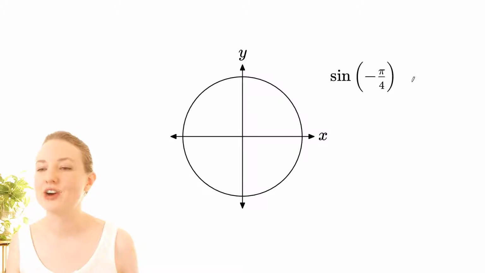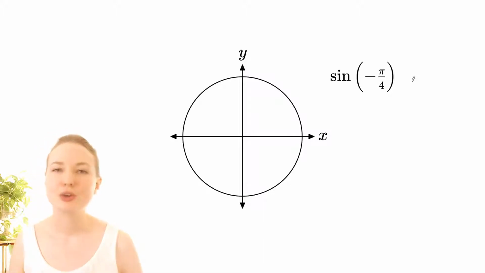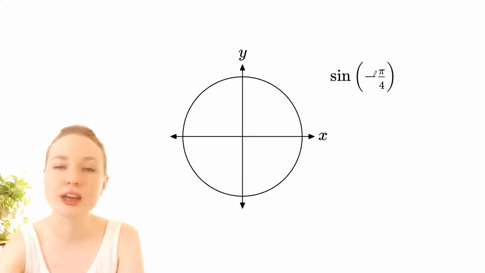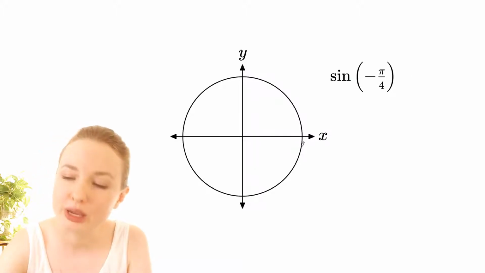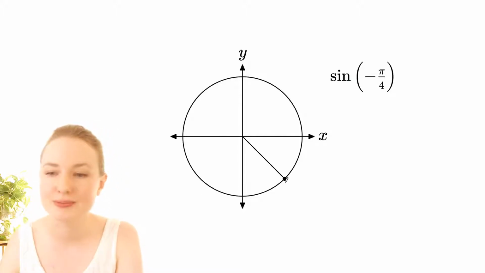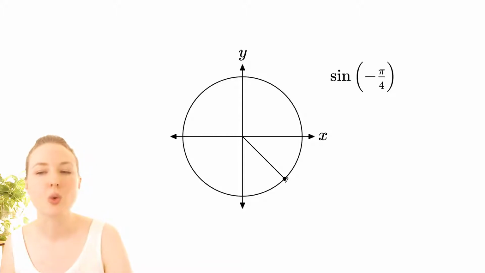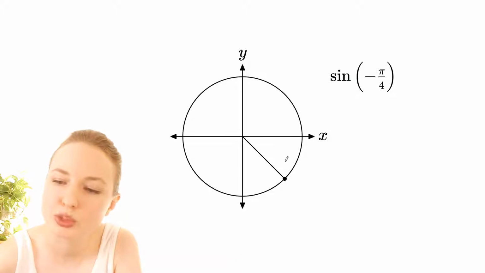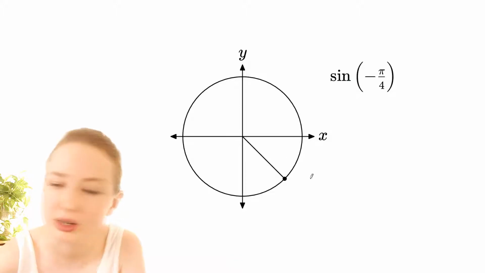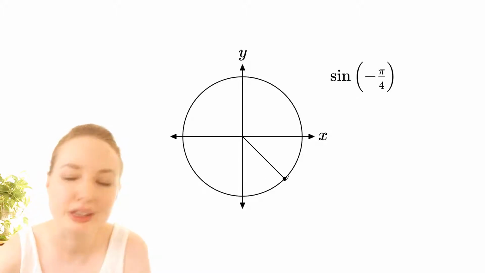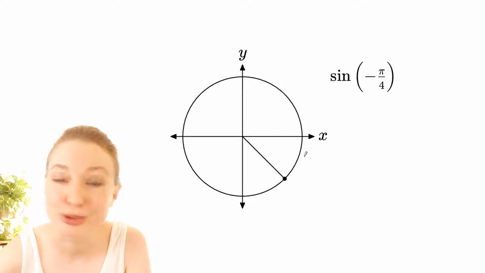Let's try sine of negative pi on 4. So remember, pi on 4 is 45 degrees. And if we're talking about a negative angle, then we're talking about going this way. So negative pi on 4 is out here. And sine is the y-coordinate of that angle, which out of the possible special angles in this quadrant, like -30 would be there, -60 would be there, it's the middle one, the medium value out of those three.